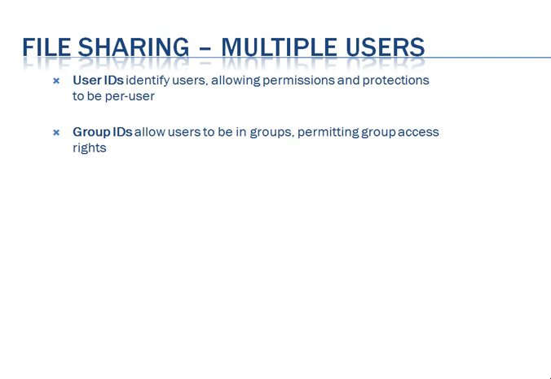We need to provide protection to the files that are being shared among the users. So we'll be using user IDs for identifying users. If there is a group of users, we can even have group IDs to allow users to be in a particular group. They'll get group IDs and then permitted group access rights.